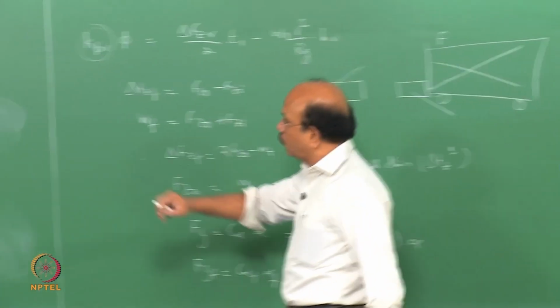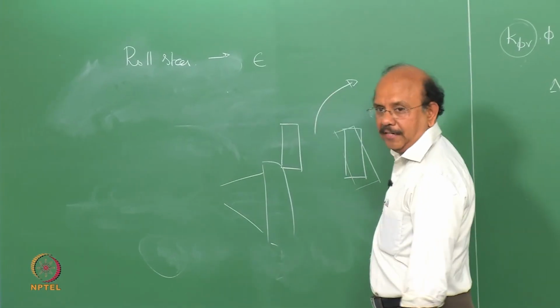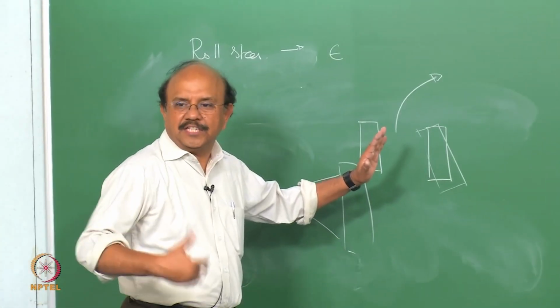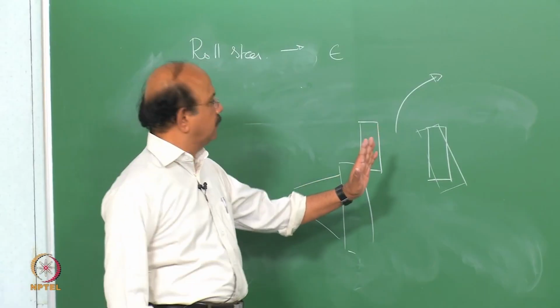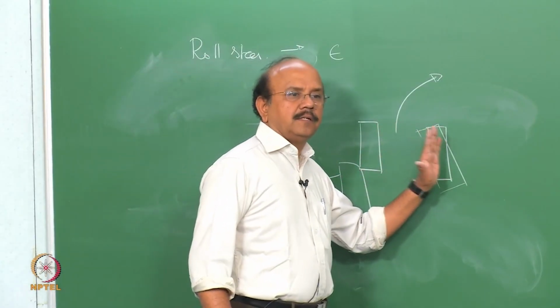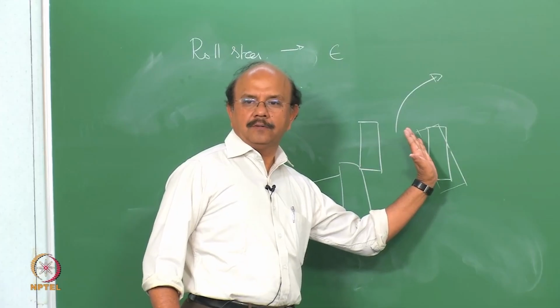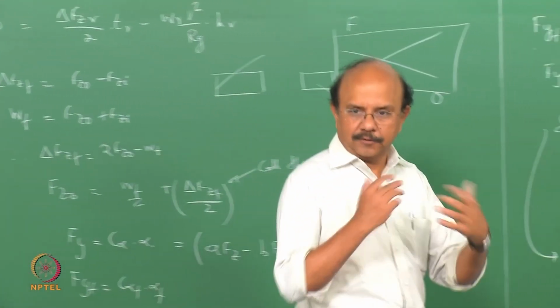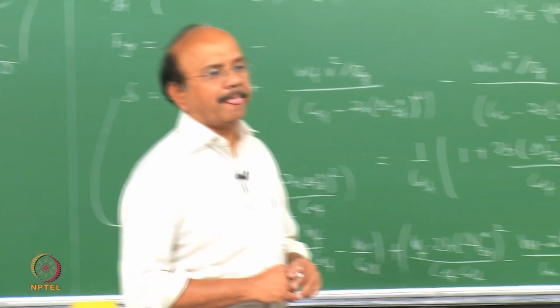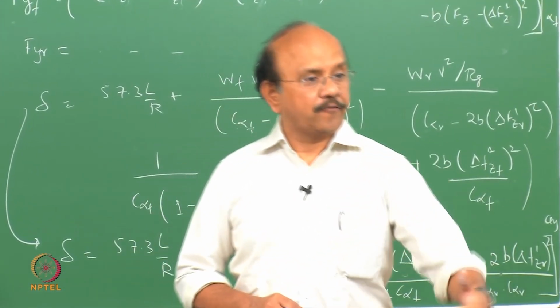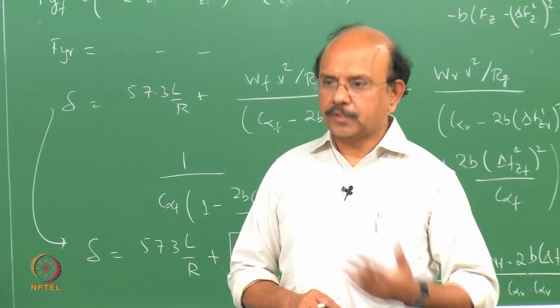So if I now take a turn to the right, and if my rear suspensions are such that the wheel turns to the left, what is that I would get? Good for me as far as delta is concerned. In other words, I would get an oversteer effect.